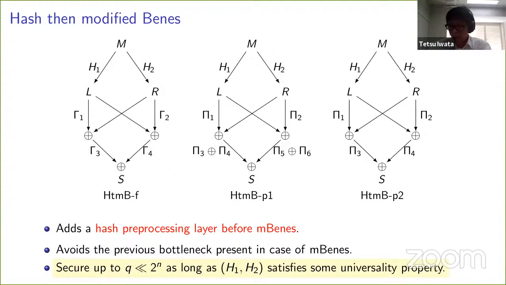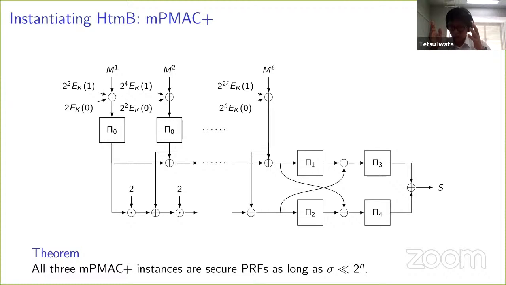I have one final short question. I looked into the paper and I saw that with MPMAC+, the length of the query has to be limited to 2 to the n over 2. Yes. I understand that you need the maximum length for mLightMac+, but I'm not sure if you really need the maximum length limitation in MPMAC+. Do you have an attack with 2 to the n over 2 length inputs, or is this just something you need to prove the security?